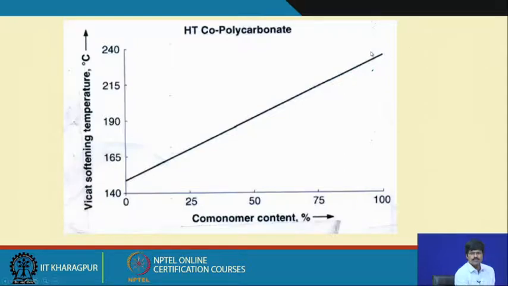This gives the utility of the material, because beyond this temperature the material cannot be used. So, you use it at a temperature lower than that, and this temperature may be typically slightly lower than your glass transition temperature. So, this has a linear relationship with co-monomer content. You see, this is the high heat copolycarbonates or PCHT. We already talked about this. Okay. So, let us come back to our script.